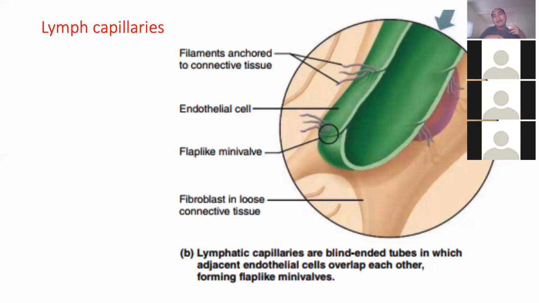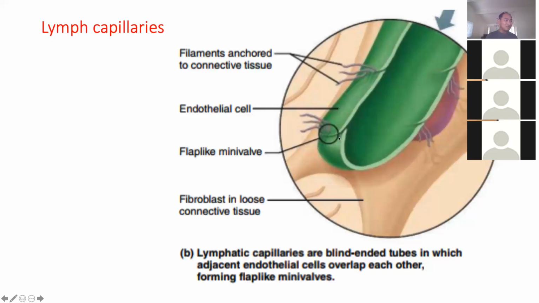Yeah, so capillaries, endothelial cell. So these endothelial cells are nothing more than the simple squamous epithelium. Look at that. Life is so simple, isn't it? If you want to make something cross, you just use a simple squamous epithelium.